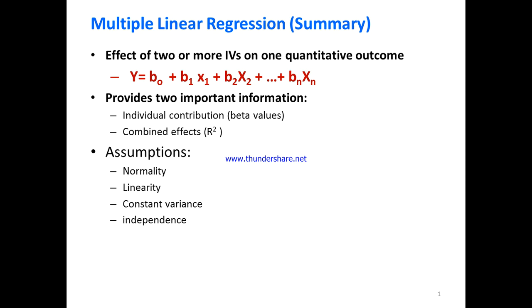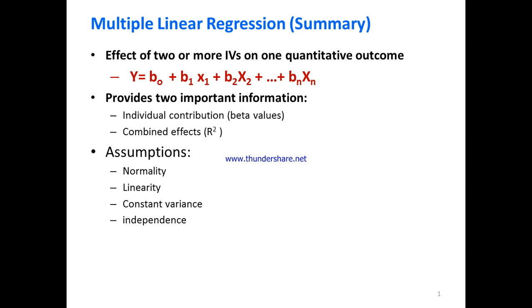Next is the assumptions. Whenever we do a certain analysis, we have to make sure that the assumptions that a particular model requires are met. In multiple linear regression, first we have to make sure that the data is normally distributed, and the relationship we see must be linear, not a kind of relationship which could be parabolic, which is not addressed by multiple linear regression.